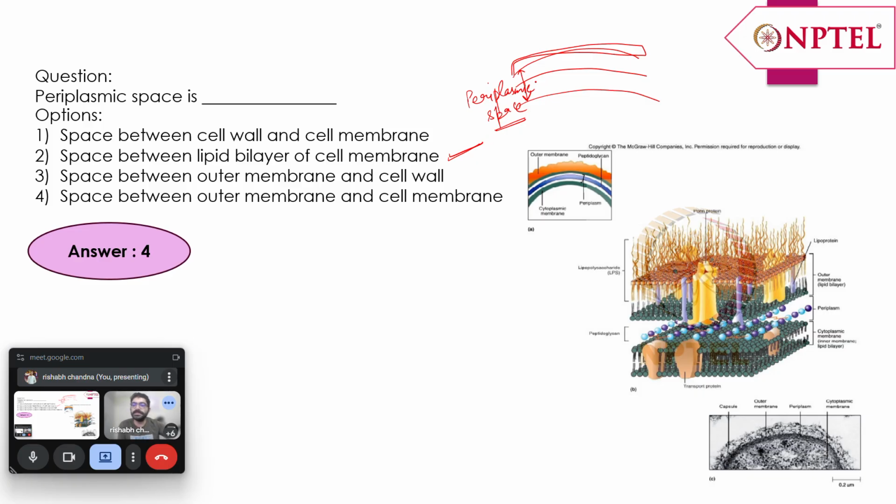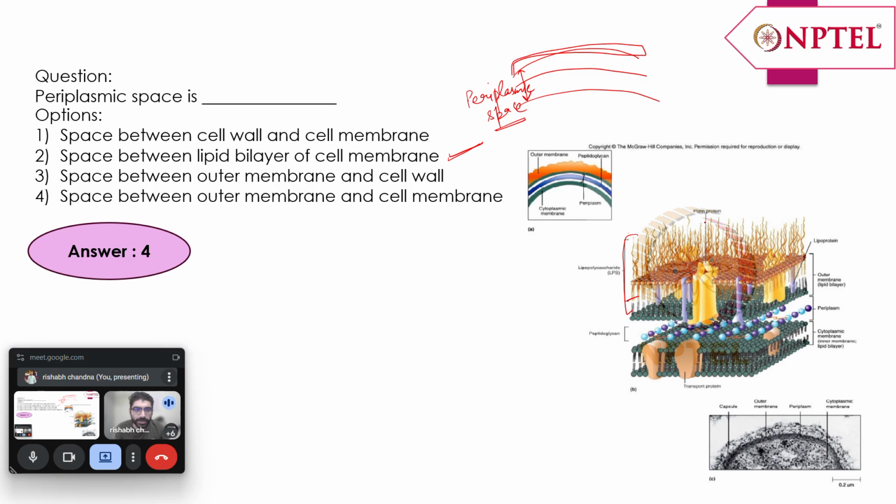Okay, so this is in terms of gram-negative bacteria only, because the outer membrane is not present in gram-positive bacteria. This is how a 3D reconstruction of a gram-negative bacteria would be seen. This is a lipopolysaccharide layer that is called the outer membrane.